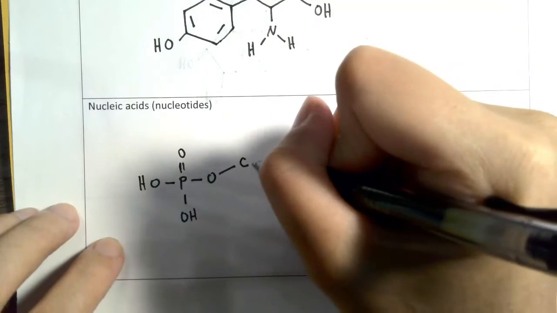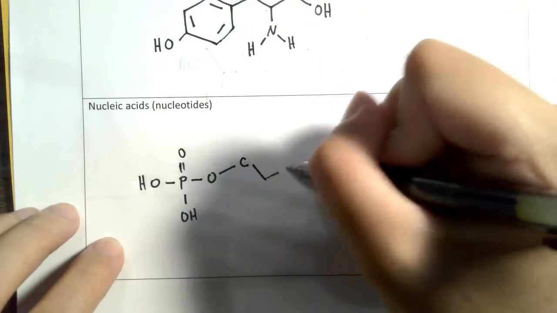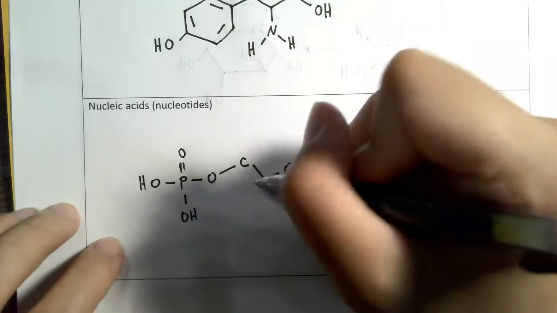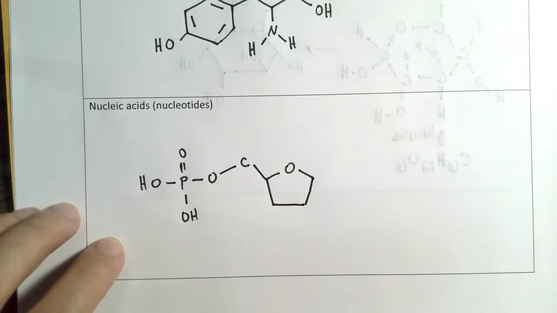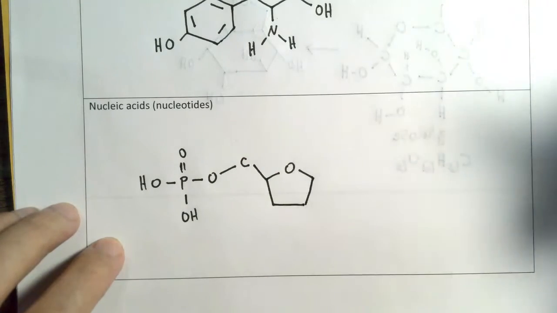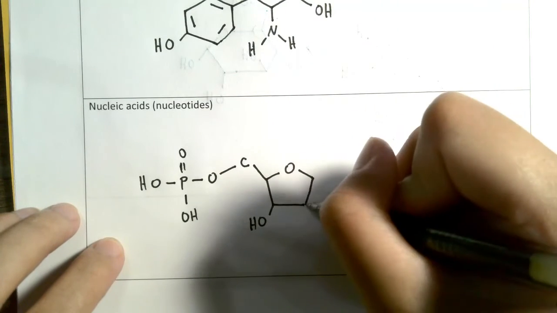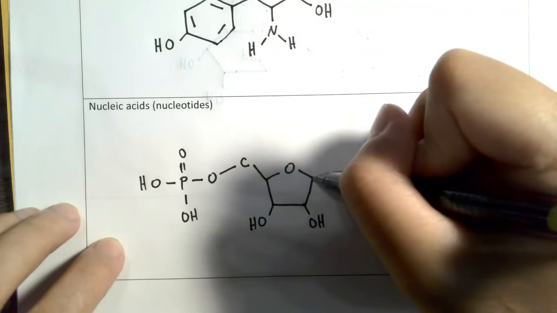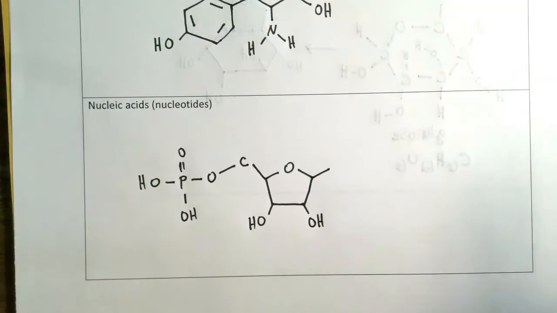This carbon will connect to this structure. You have O. Okay, so here we have a pentagonal shape. The carbons at the bottom are connected to OHs. And then this last carbon is connected to another complex structure.